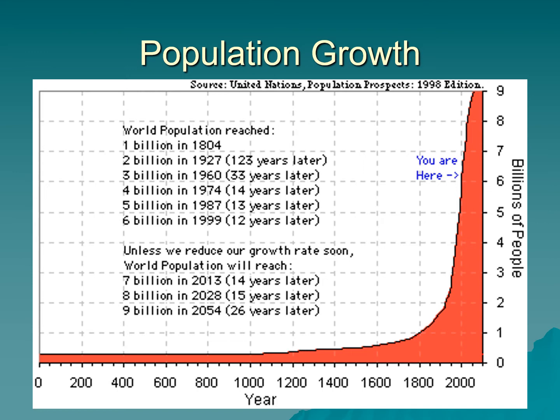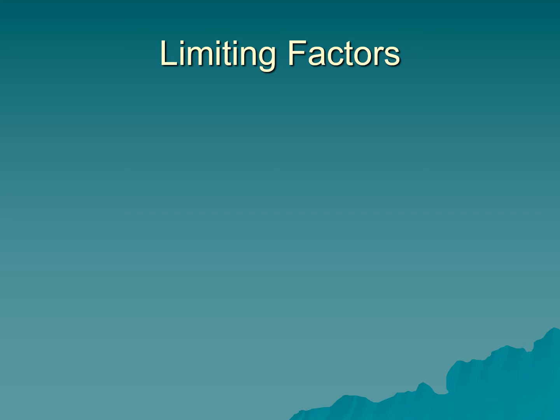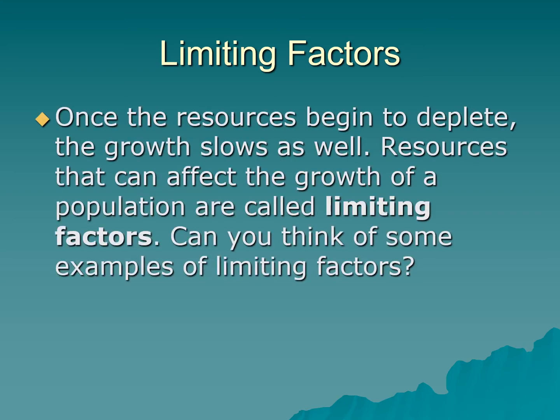So we're still growing fairly rapidly, and that's problematic because there are limiting factors. Once resources begin to deplete, growth will slow. Okay, resources that can affect the growth of a population are called limiting factors. So can you think of some examples of limiting factors for any population?